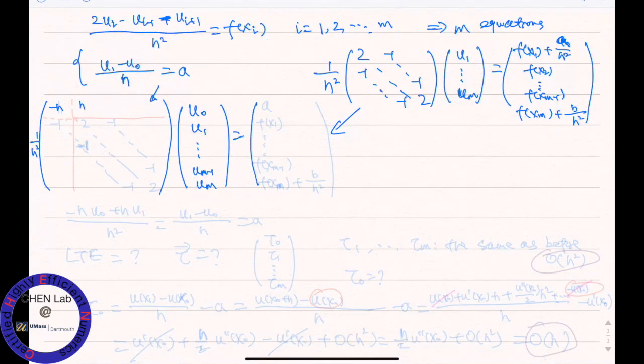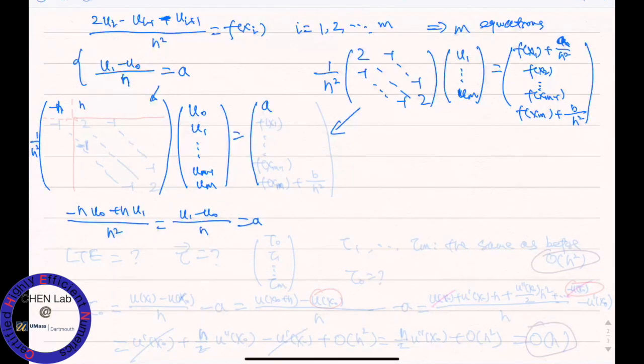This is equal to a. Why? Because you're going to get negative h times u0 plus h times u1, divided by h squared. That's just u1 minus u0 over h, and that's equal to a. That's the enforcement of your boundary condition. Now remember, this first column now would hit u0.